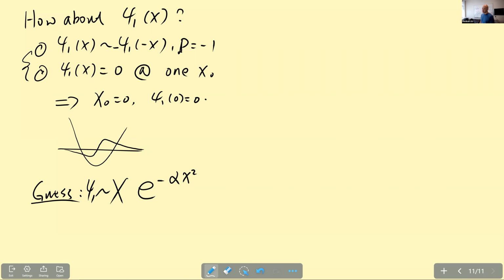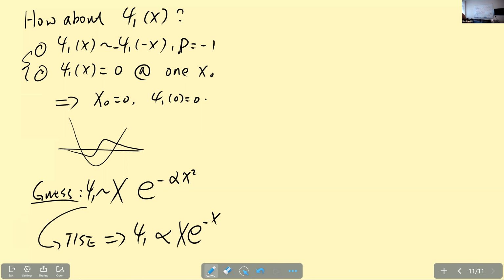Then we check. We put this back into the equation, and we find that ψ1 actually is proportional to x e to the minus x squared over 2.